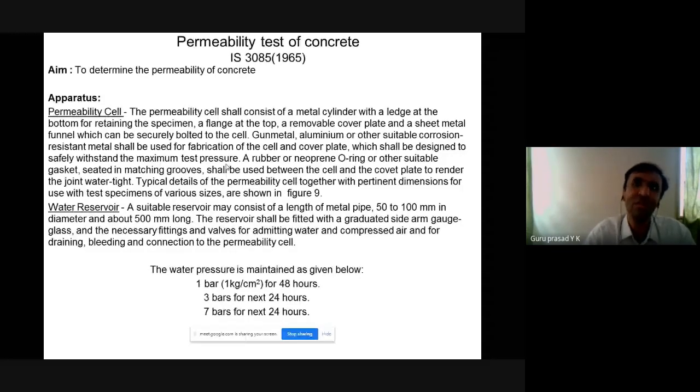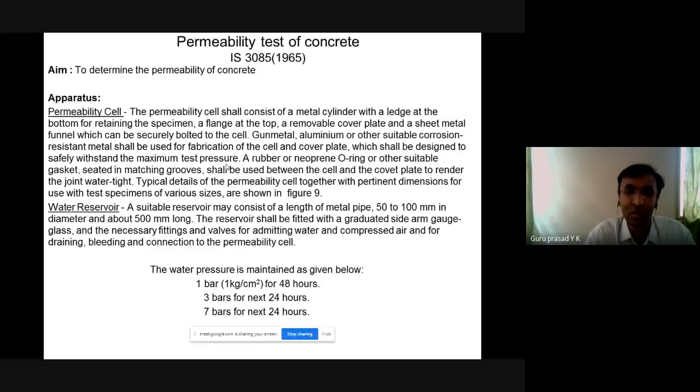This apparatus is available in many of the laboratories and some of the institutions. It is done to know the permeability of concrete. It gives you an idea of how porous the concrete is, how much void there is, based on the amount of water which has passed through it. It's a void ratio.